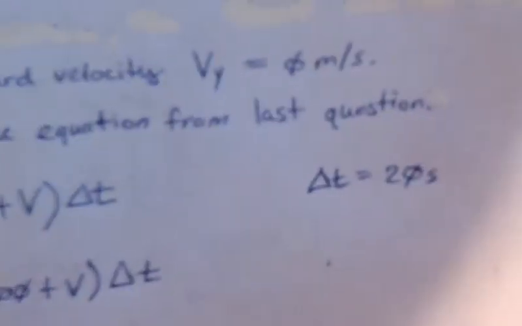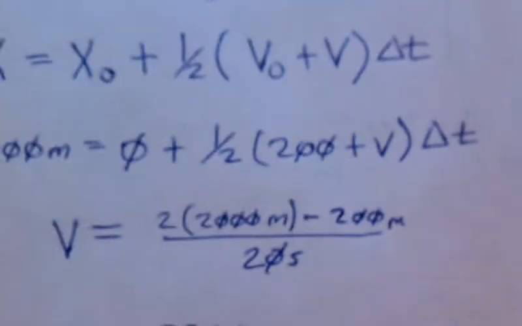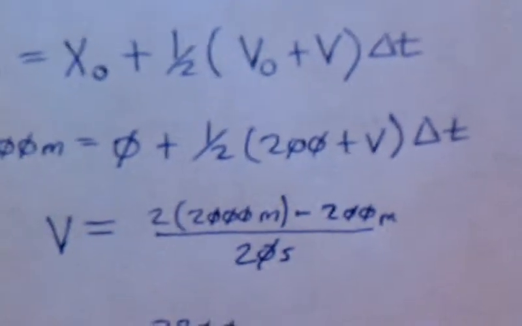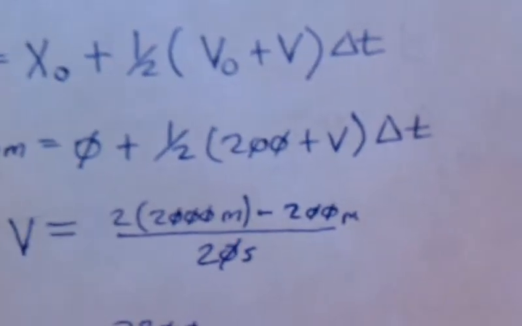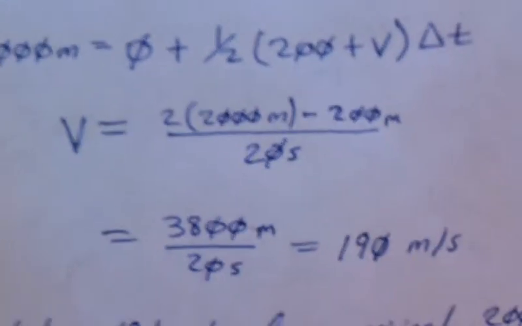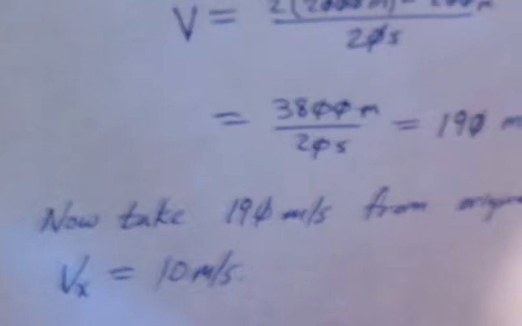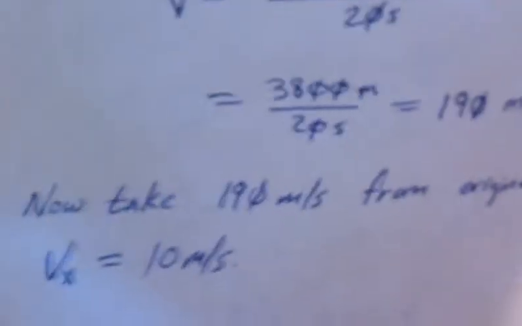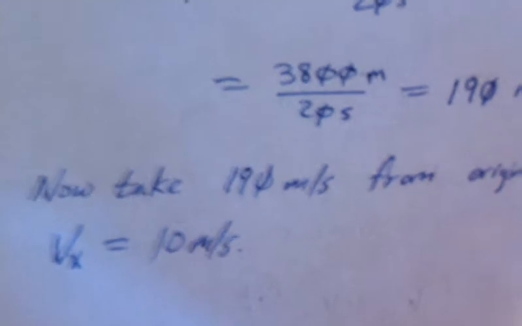And now change in time is still 20 seconds. Now v equals 2 times 2,000 meters minus 200 meters over 20 seconds, or 190 meters per second. Now you take the 190 meters per second from the original 200 meters per second, and that gives you your final velocity in the x vector, which is 10 meters per second.